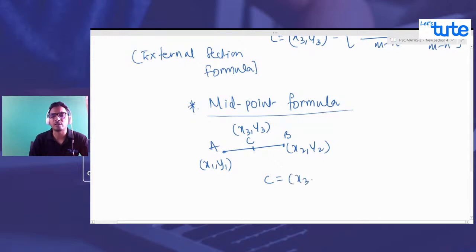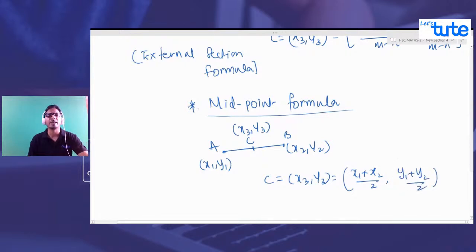So (x3, y3) would be equal to (x1 + x2) divided by 2, (y1 + y2) divided by 2. So this is basically taking the average of the coordinates of the 2 points which we already have as endpoints. Okay, so that's how we figure out the midpoint.